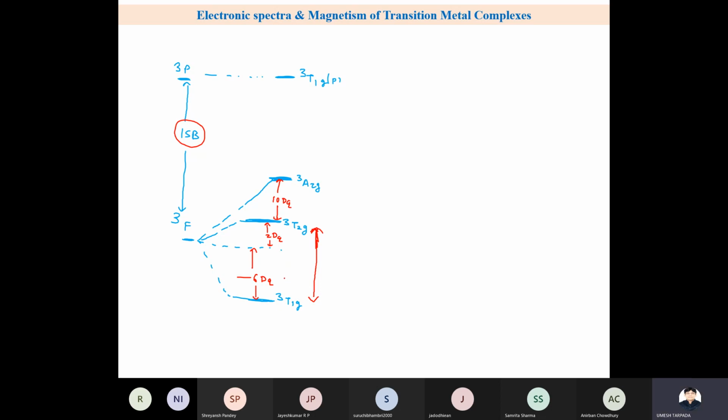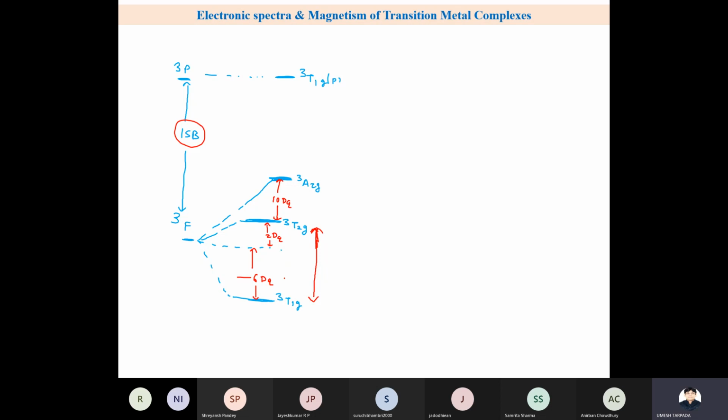Okay, but here what happens in crystal field energy splitting: if you go from T1G(F) to T1G(P), you can have a state of repulsion, or you can say a repulsion factor is introduced.